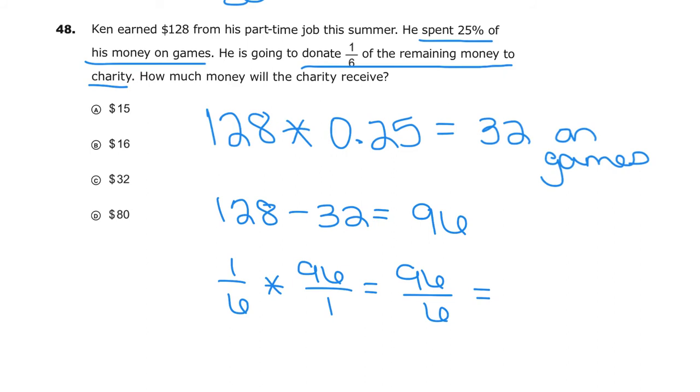What is 96 divided by 6? 16. So $16 has gone to charity. Just keep an eye on your words. That "of" is always going to mean to do what? It's always going to mean to multiply.